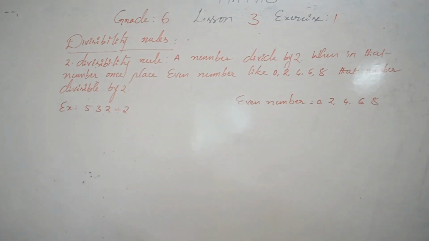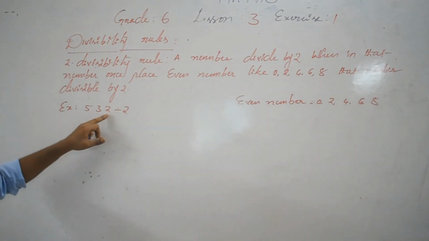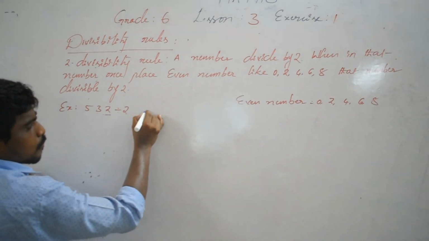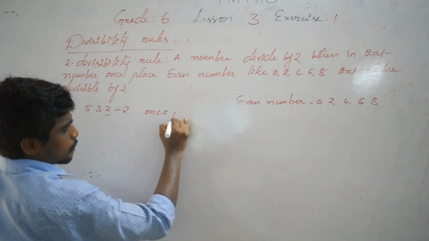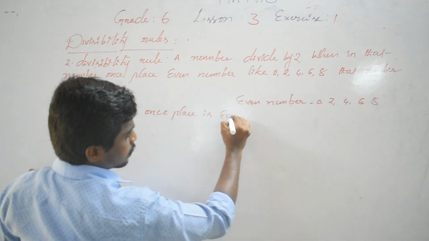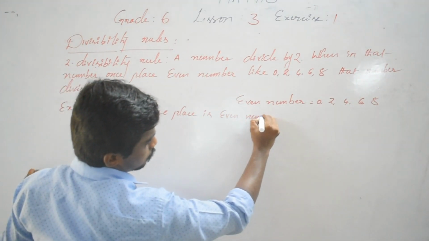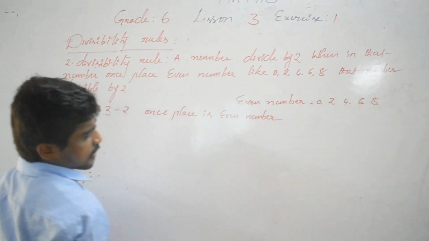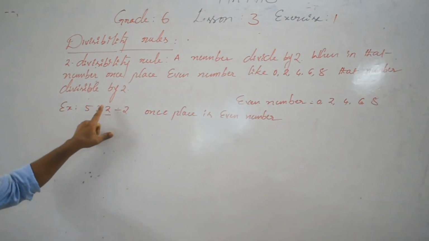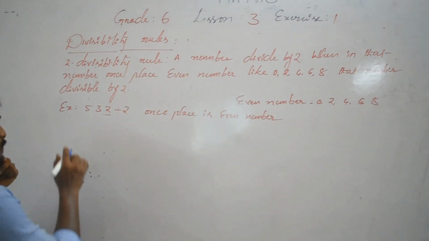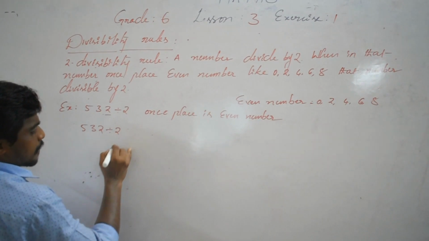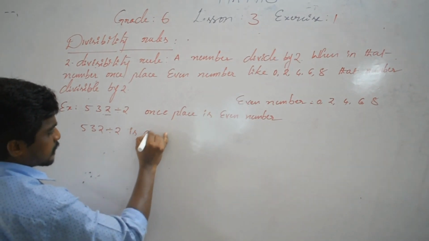Those 5 digits are even numbers. So here ones place, which digit? 2. Ones place is even. So this number is divisible by 2. So 532 divided by 2 is divisible.